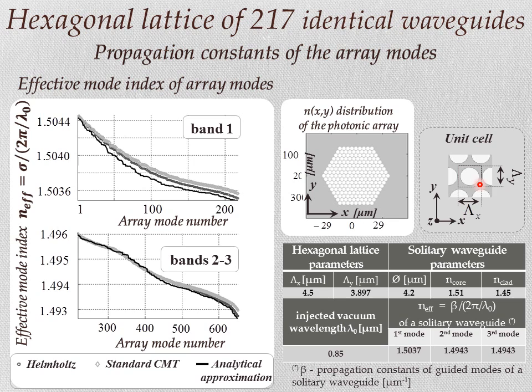This graph presents effective mode index of the array modes of this photonic array, where effective mode index is sigma over 2 pi over lambda 0. The effective indexes were computed by Helmholtz equation, standard CMT, and analytical approximation. Note a close agreement of the results acquired by the three methods.